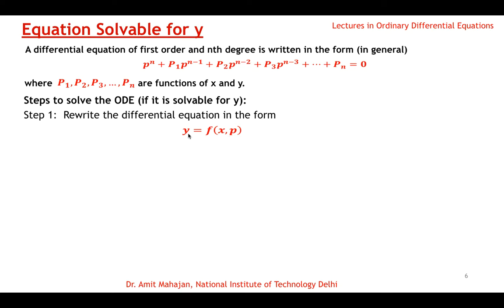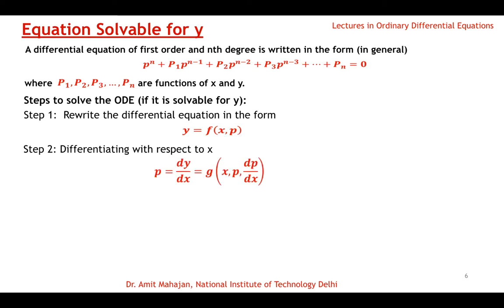The second step is that we differentiate this equation with respect to x. So if we differentiate this with respect to x, then the left hand side becomes dy by dx, which is p, and the right hand side will be some function of x, p and dp by dx.